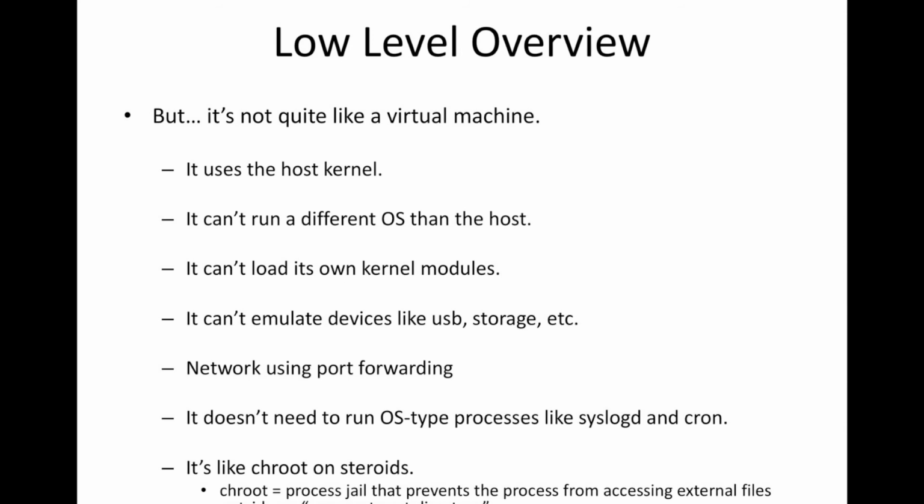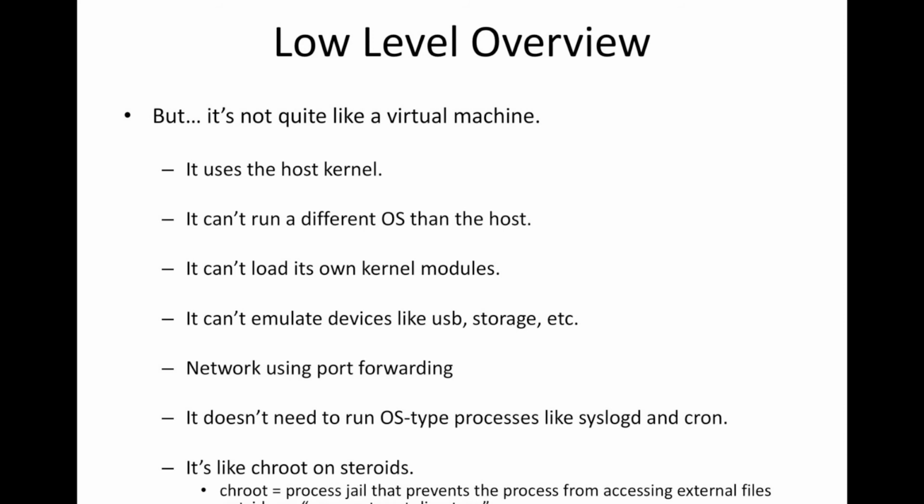A container does not have its own operating system. A container uses the underlying host kernel. Unlike a virtual machine, right? A virtual machine has its own operating system, and that could be completely different than the host that's hosting the virtual machine.